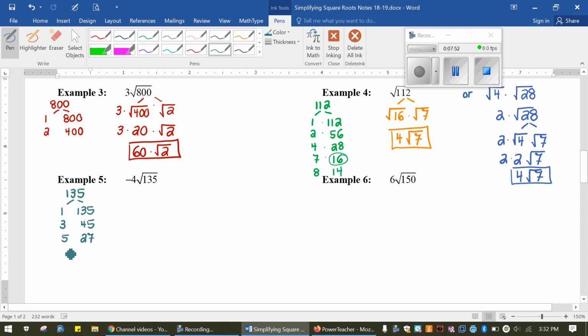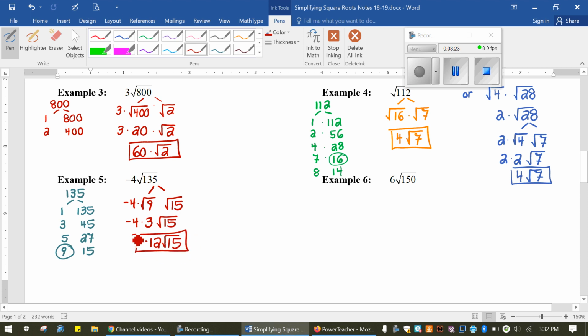The next number that will go in after 5 will be 9, and it goes in 15 times. There's my perfect square factor. So for 135, we're going to have the square root of 9 and the square root of 15, and don't forget that negative 4 in front. So negative 4 times 3 times square root of 15 would be negative 12 square root of 15.